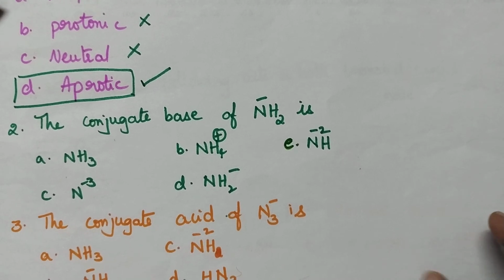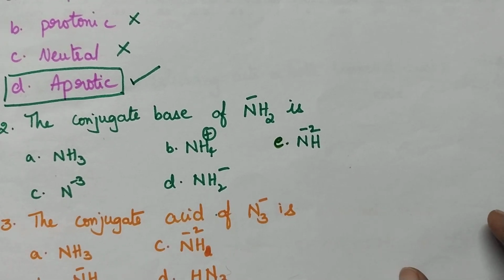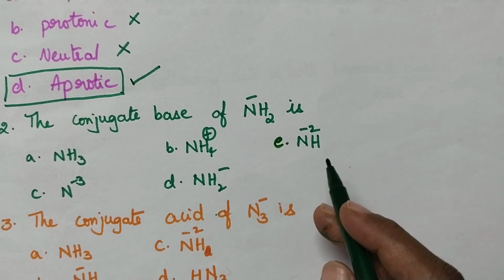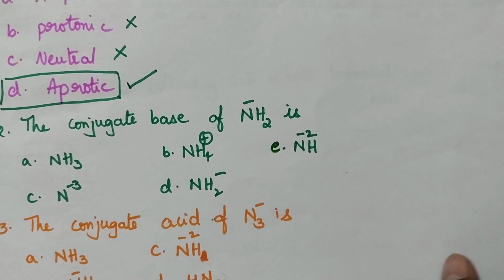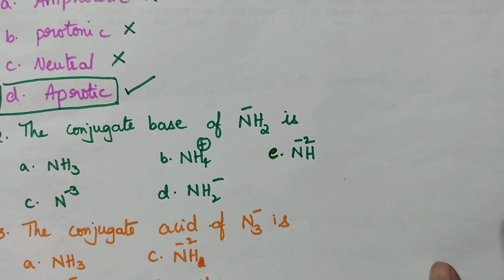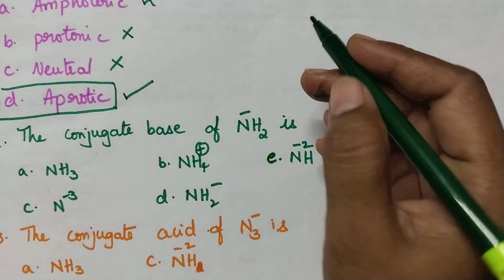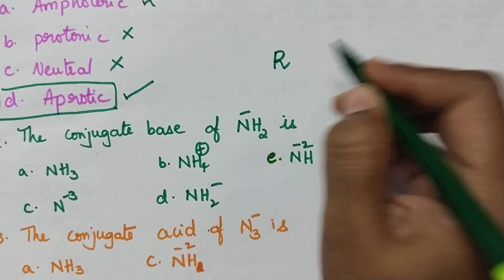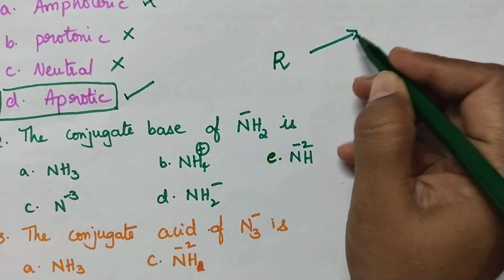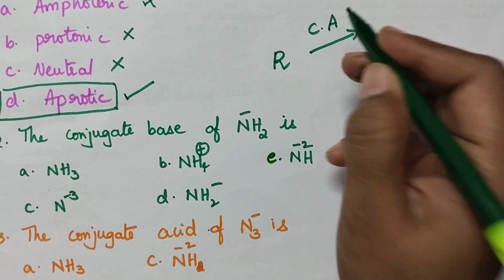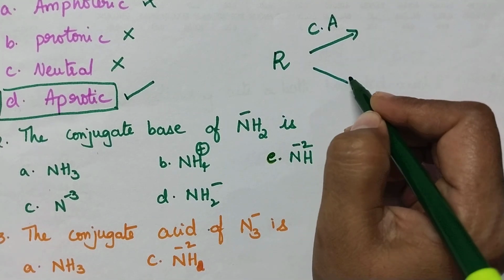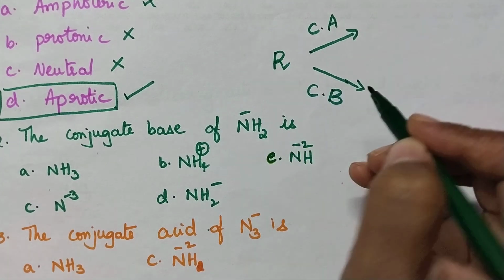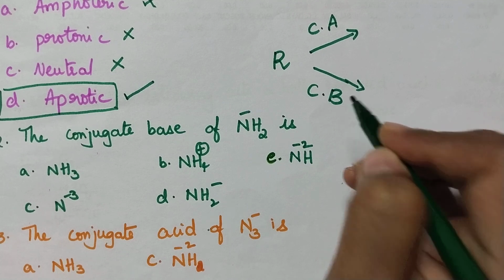The conjugate base of NH2 minus is, this is a very important concept. Let us see how to write the conjugate acid or base of any compound. Whenever you consider any compound, while writing a conjugate acid or conjugate base of the given compound, you always remember one fact.